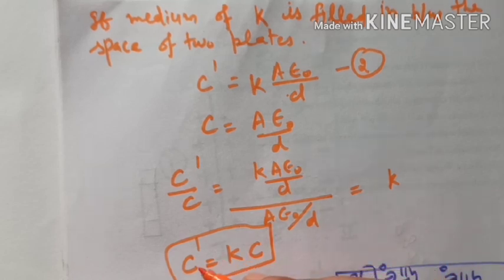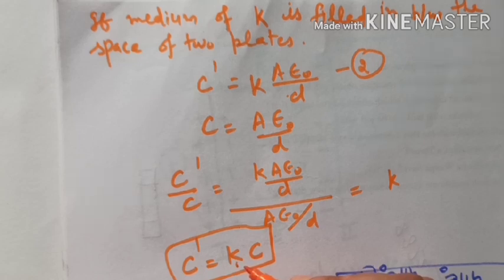The capacity becomes K times the capacity when the medium is air. It means in this case the capacity increases when the medium between the two plates is not air and the medium has dielectric constant K.